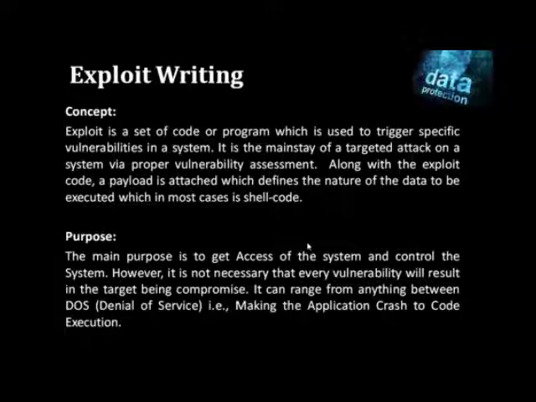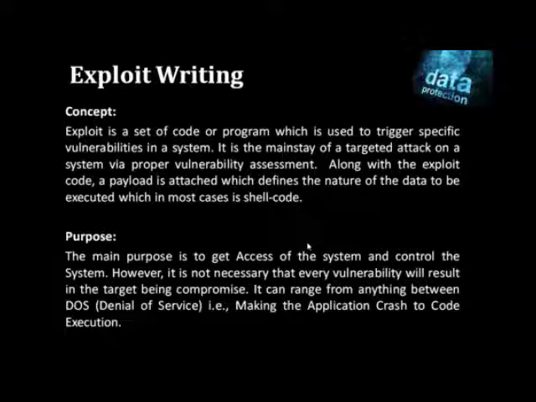Now that the concept of buffer overflow is covered, let us move on to another section of this module termed exploit writing. An exploit is a set of code or program which is used to trigger specific vulnerabilities in a system. It is the mainstay of a targeted attack on a system via proper vulnerability assessment. Along with the exploit code, a payload is attached which defines the nature of the data to be executed, which in most cases is shellcode.